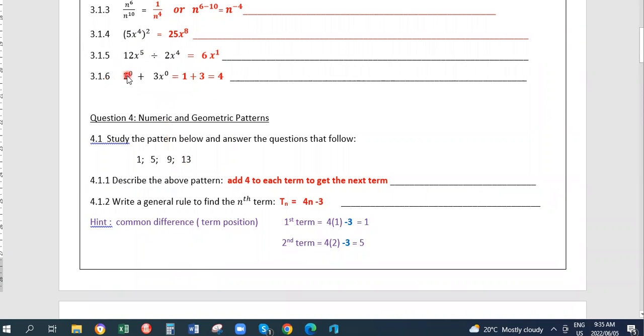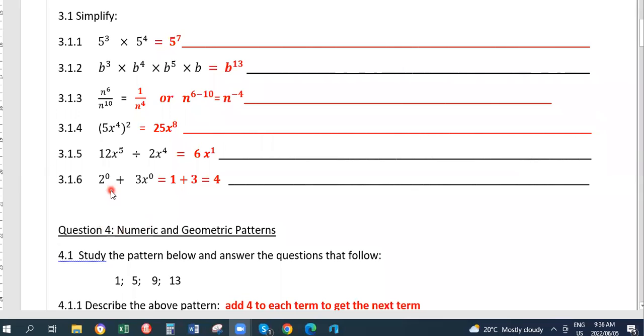This is 2 to the 0. Anything raised to 0 is 1. So 2 to the 0 is 1. X to the 0 is also 1. And 1 times the 3 gives me 3. Here, x, not 3, but x to the 0.